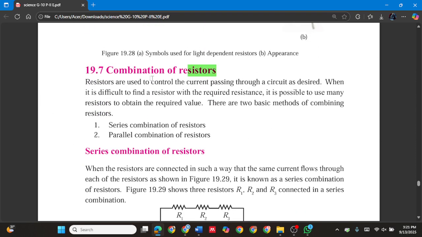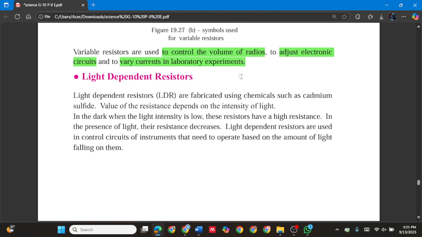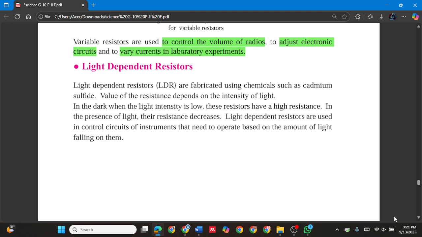Combination of resistance is the next part which we have to discuss. Before that, we have discussed light dependent resistors, and that will be the last part of this lesson. Okay, I'm going to stop here. Thank you.